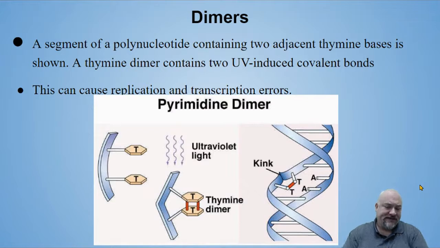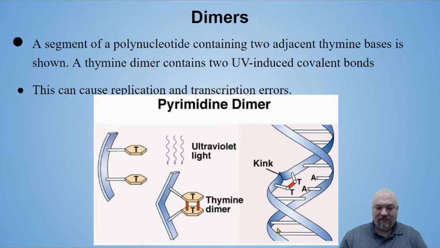All right, here we can see the effect of one of those mutagens we talked about in the last slide, which would be UV light from sunlight. So a segment of a polynucleotide containing two adjacent thymine bases in this example can come in here and mess with the thymines' binding across here, and it can form a dimer between those two thymines, getting them to covalently bond to each other here.